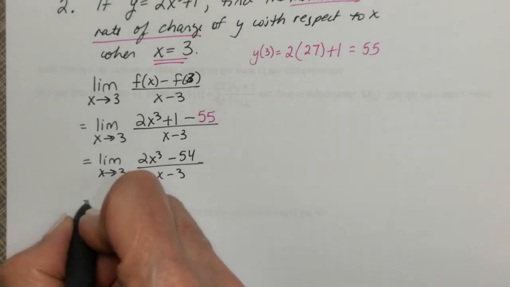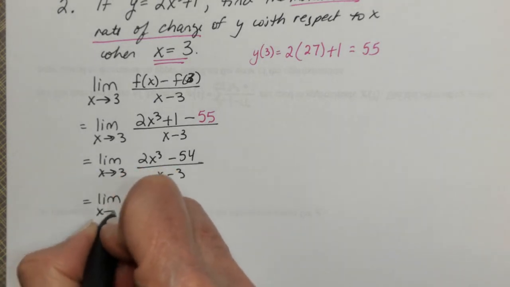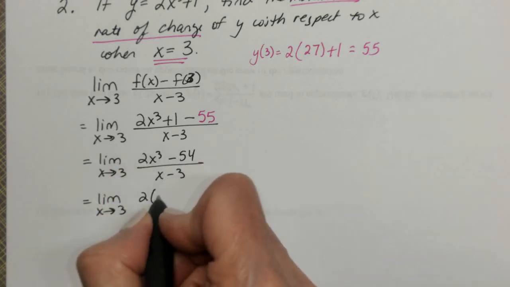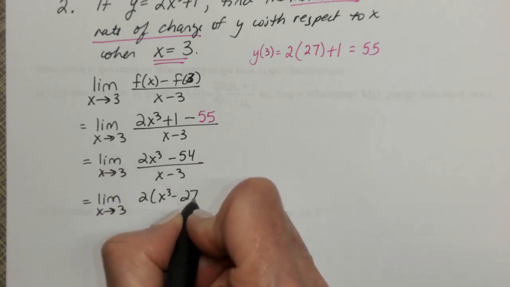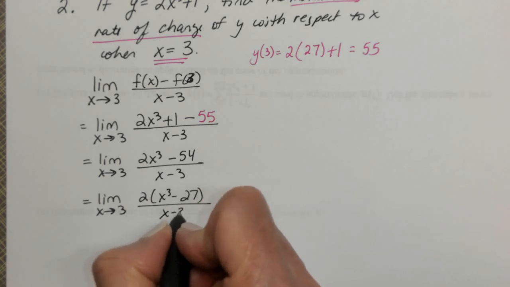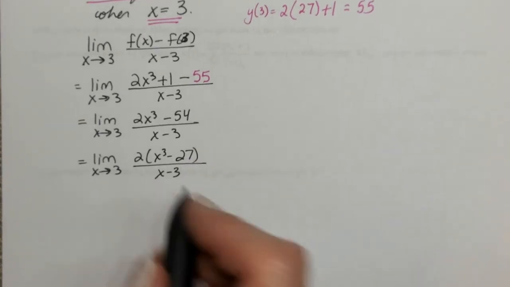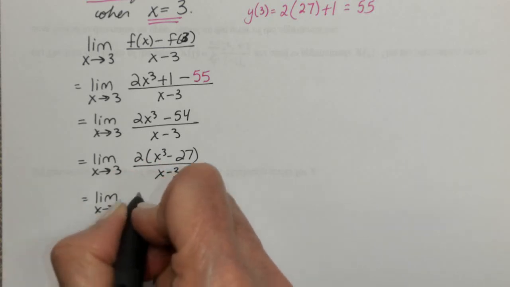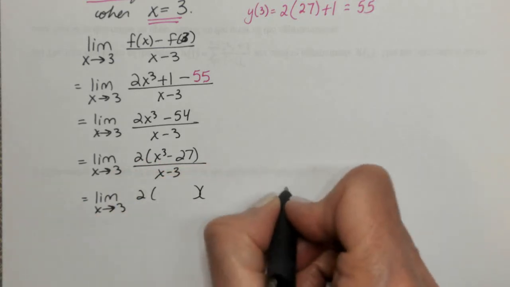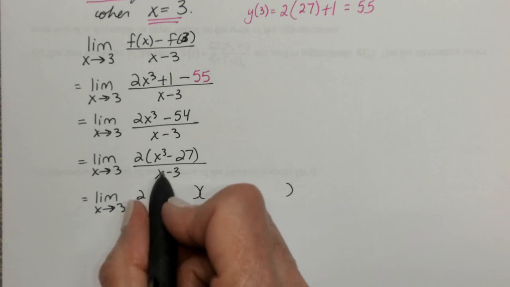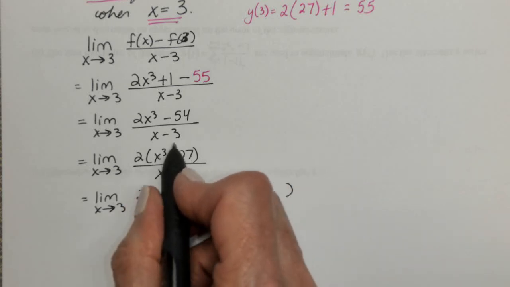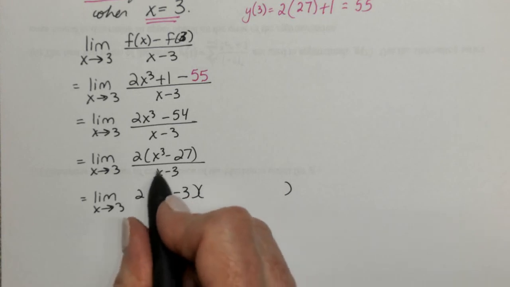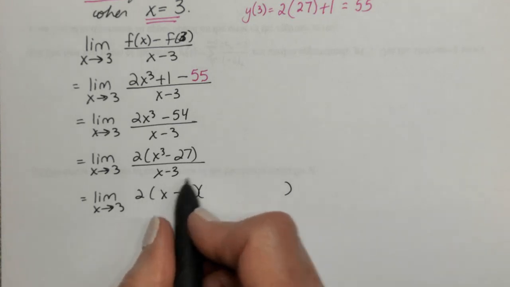Time to factor. I see that I have 2 even numbers, so I'm going to take out a 2. And now I have a difference of cubes that I can factor into a binomial and a trinomial. When I factor that, I'm going to get x minus 3 as my binomial. I knew that would be there, by the way.